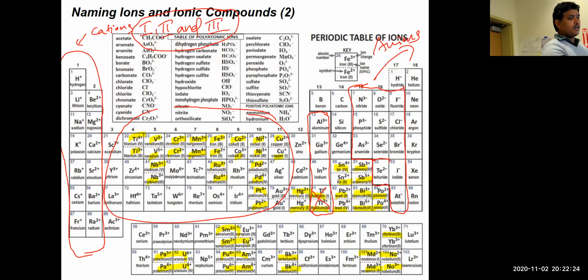And one thing I really need you to understand is the charges on the anions. Each one of these groups is going to have a fixed charge. This group 7 element is going to have a -1 charge. This group 6 element is going to have a -2. This group 5 anions are going to have -3 charges.